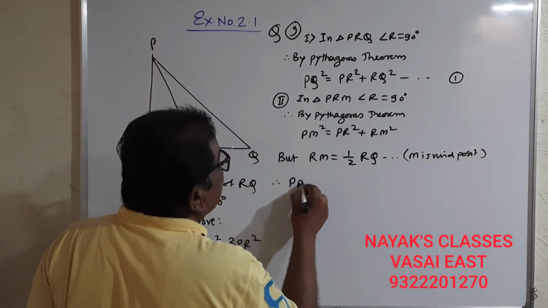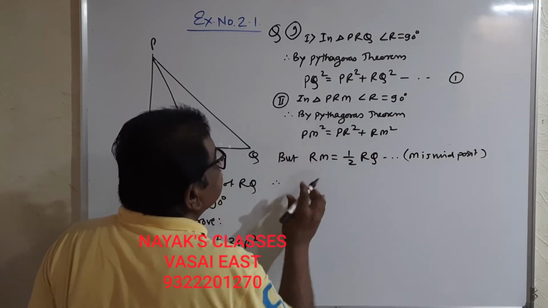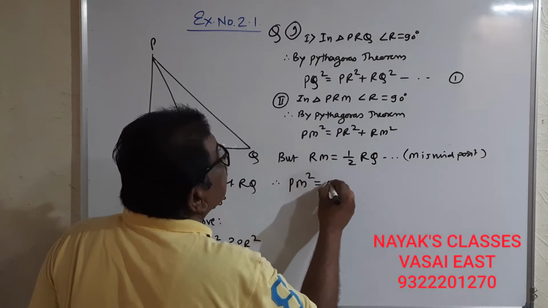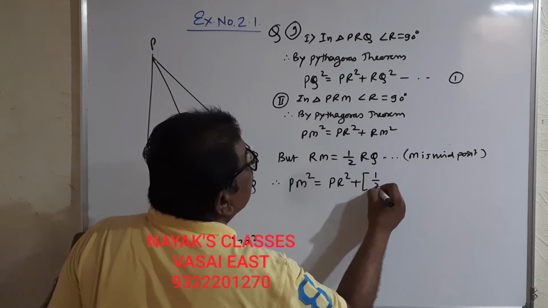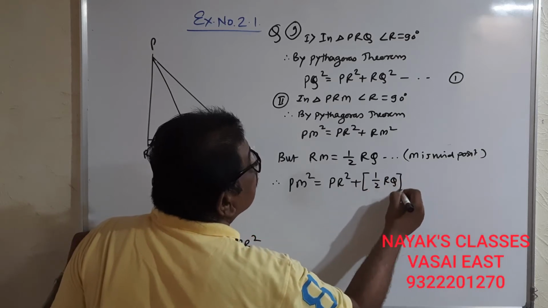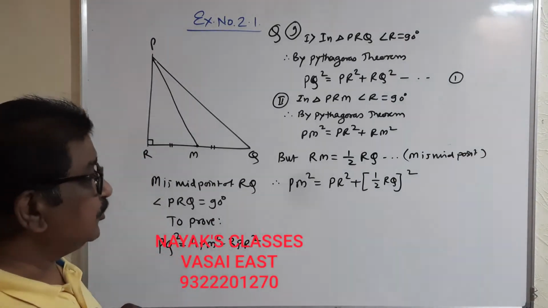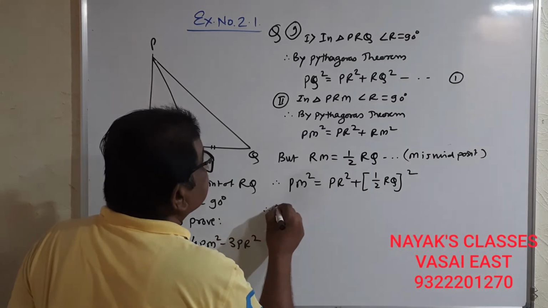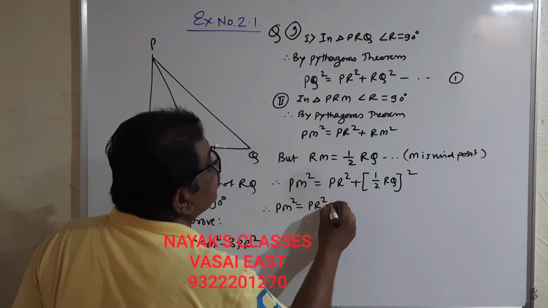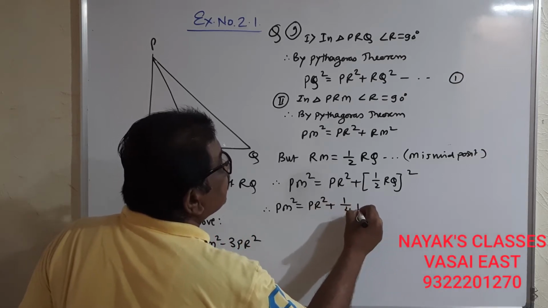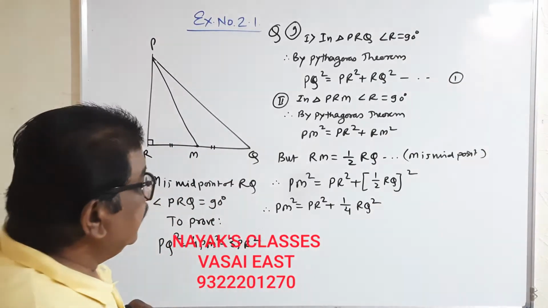Therefore, PM square is equal to PR square plus, in bracket, 1 upon 2 RQ the whole square. It will become PM square is equal to PR square plus 1 by 4 RQ the whole square. Okay?